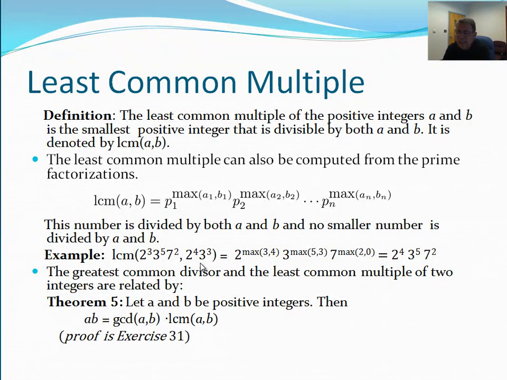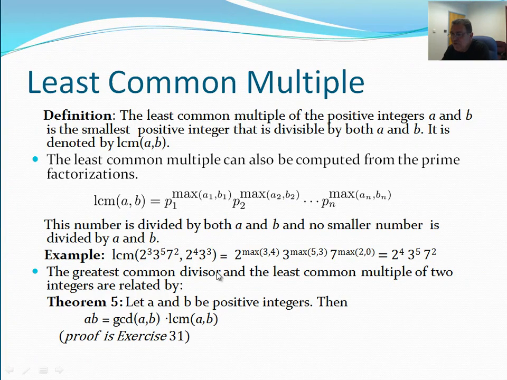It's exactly the same situation, except when you write them, instead of the minimum, you pick the maximum of those powers. P1 to the maximum of A1 and B1, times P2 to the maximum power of A2 and B2, all the way to the end.